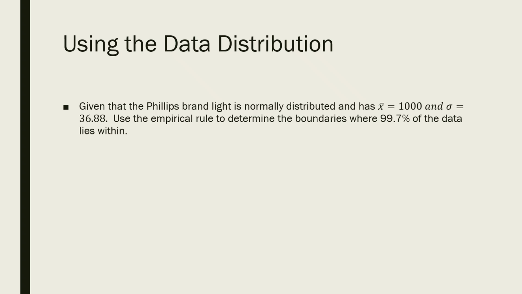Notice here, it says it's normally distributed, which gives us that symmetric distribution. So what do we know about this? From the empirical rule, X bar plus or minus 3 sigma is where 99.7% of the data is.